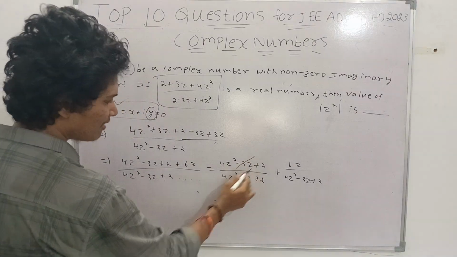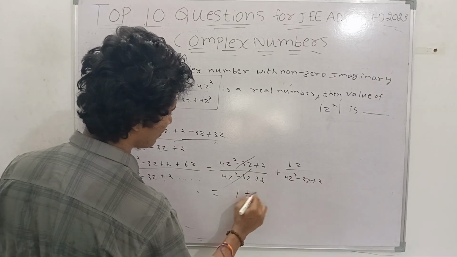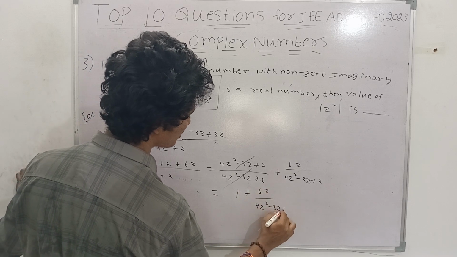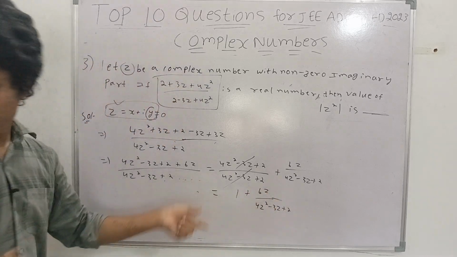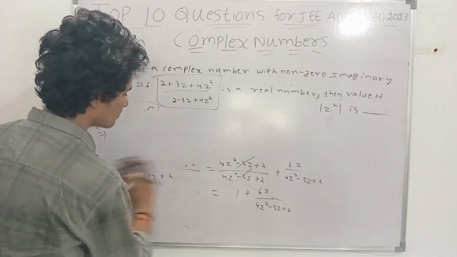Here these two are the same so they cancel. So finally it comes to 1 plus 6z divided by 4z square minus 3z plus 2. Up to now we solved the question, but now we have to move to the next part.